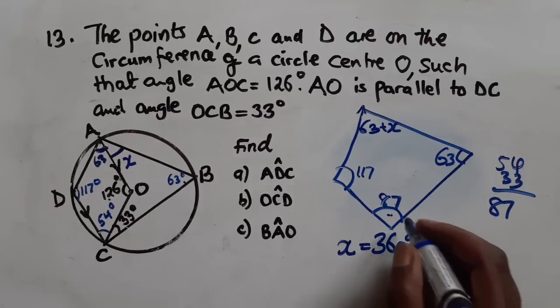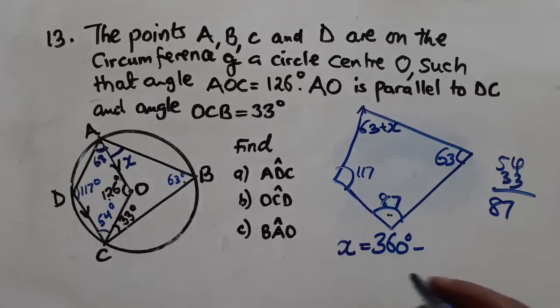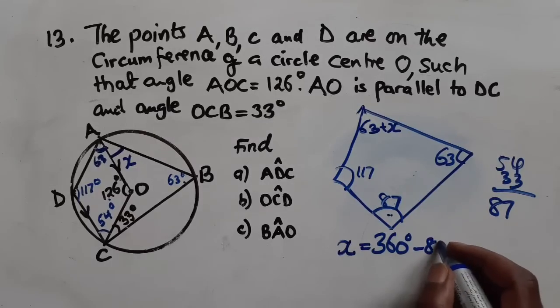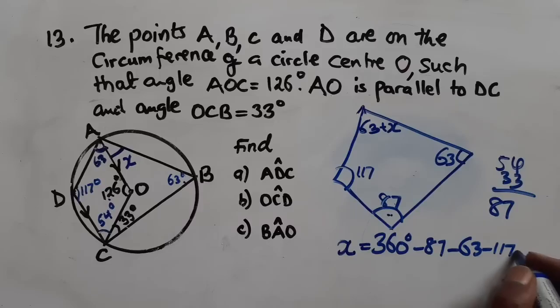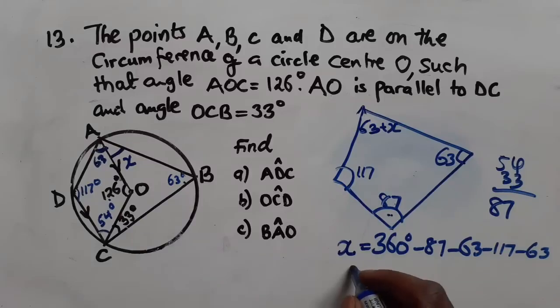So we begin to subtract all these angles now. Minus 63, minus 117, minus another 63. Let's work it out. So this is going to give us 30 degrees.